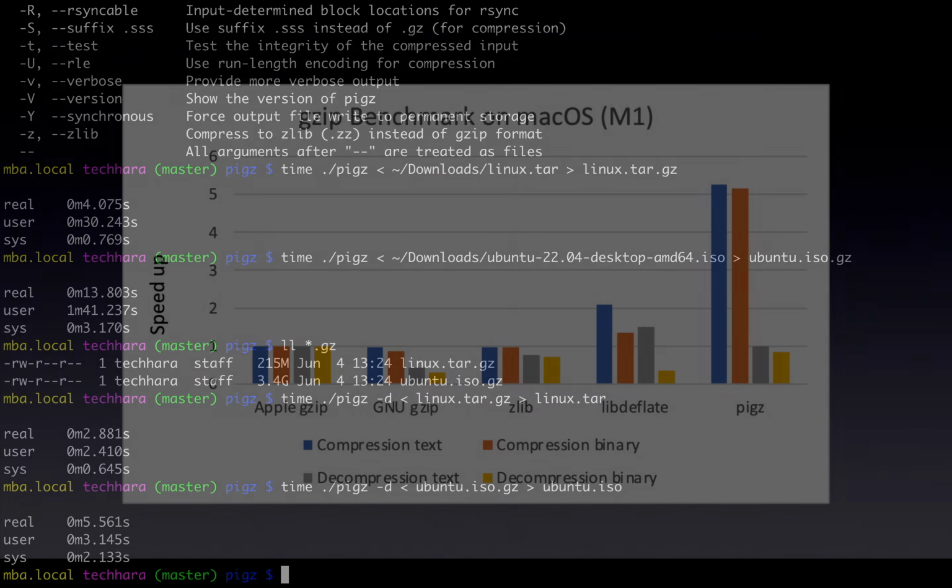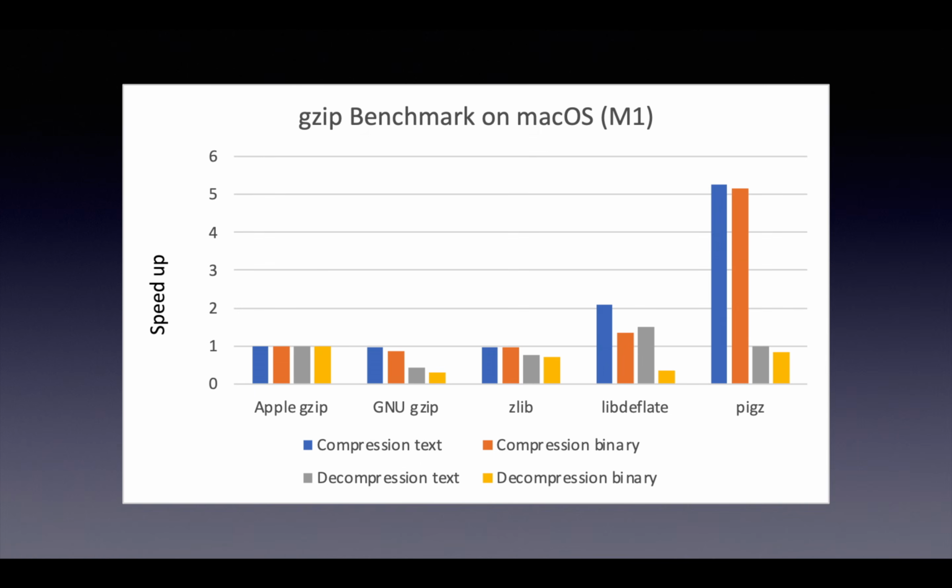Okay, so here's the benchmark summary tested on macOS running on the M1 chip. The y-axis here represents the speed gain compared to the baseline, which is Apple's stock version of GZIP. Interestingly, GNU's version of GZIP seems to perform the slowest, especially in decompression. Zlib is comparable in compression, but a bit slower in decompression.